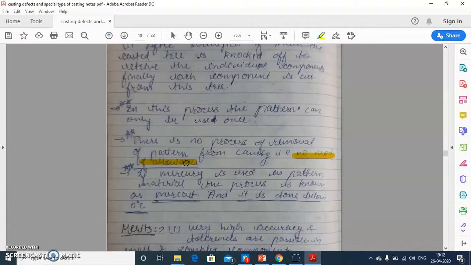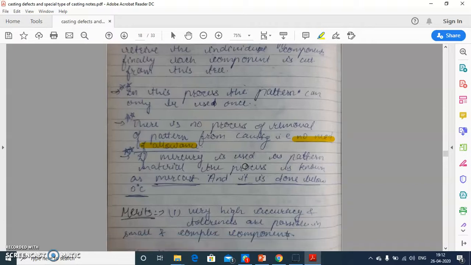We don't have to take any tolerance for making these type of part. And we get the product of very complex shape. And also if we don't have to use any allowance, then we get the product of very accurate type.